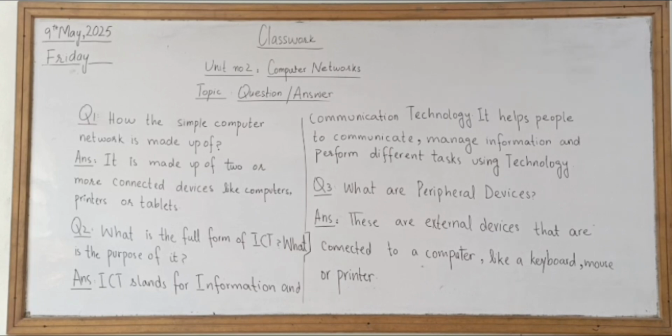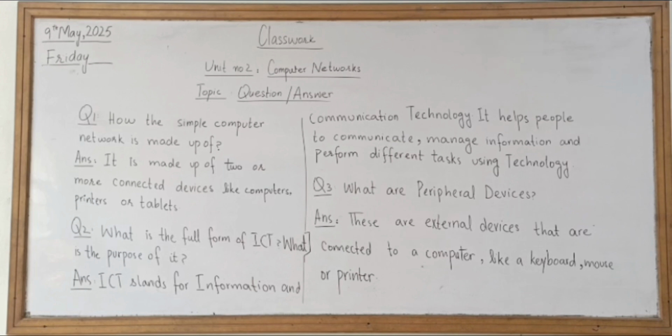After that we learned about the different types of networks, that is LAN and WAN. The full form of LAN is local area network. The word here is local. That means it is used in a local area, meaning small areas. For example, if we want to create a network in our school building, or in our home, or in small businesses, we will go to the LAN network, because this is the ideal network for local areas.